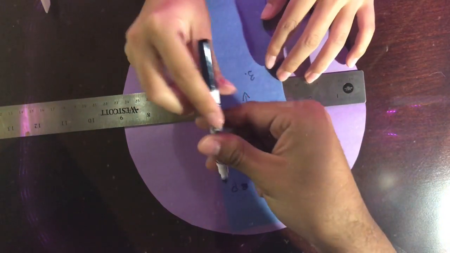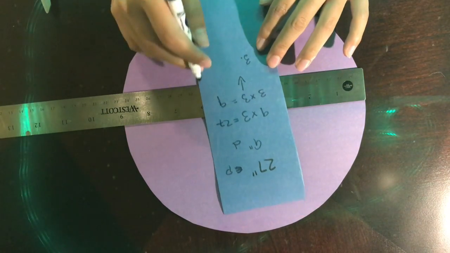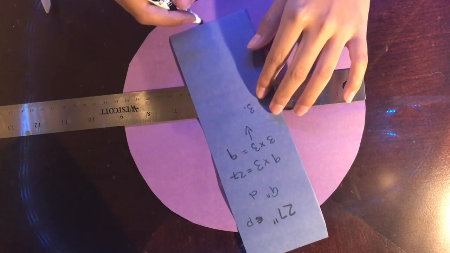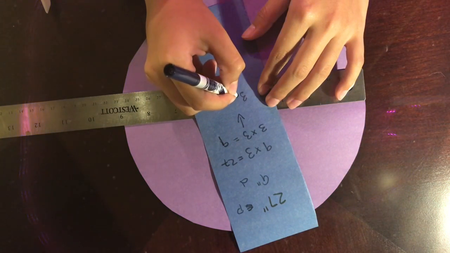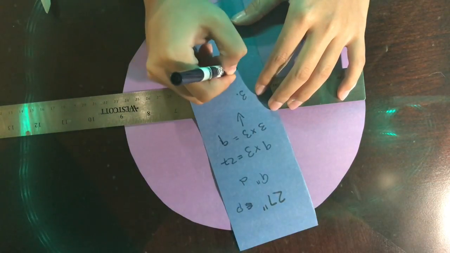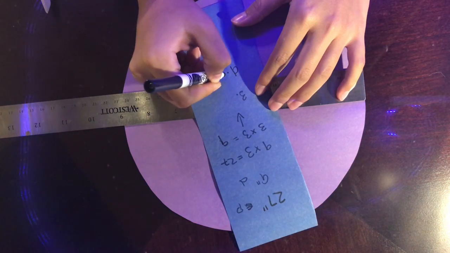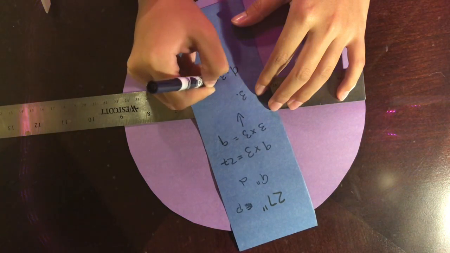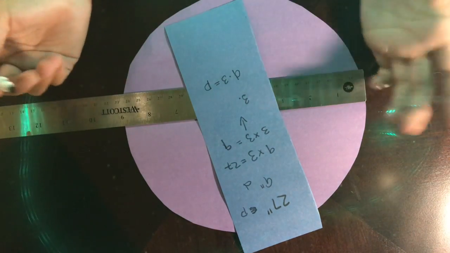You can abbreviate diameter by putting D. Alright, cool. So that's our little formula for now.